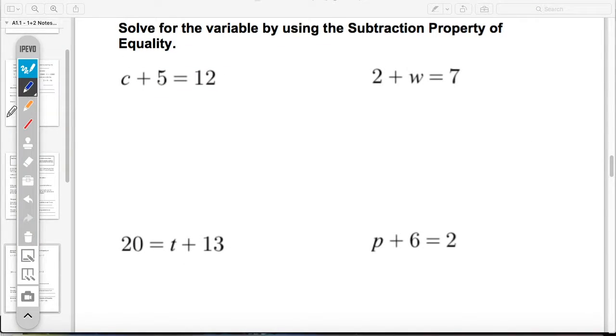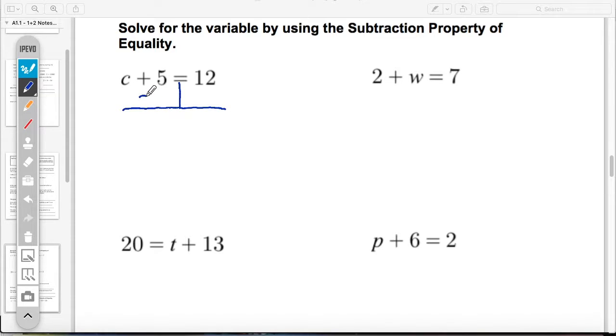So let's take a look at a few examples here where we will need to use the subtraction property of equality. So our first equation in the upper left hand corner is c plus 5 equals 12. So this is how I'm going to solve these. I'm going to make a little t-chart. So I'll make a horizontal line down bottom here and a vertical line right underneath my equal sign. So using the subtraction property, I have a number being added to my variable.